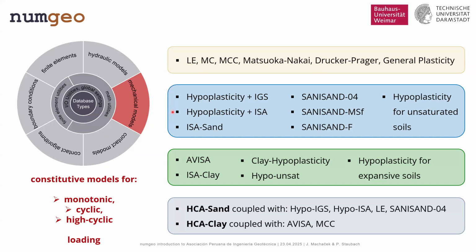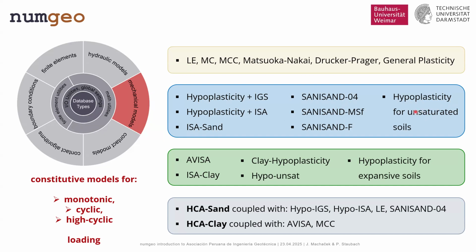You can see here now the blue box, which gives you an idea about different constitutive models that we have implemented for sandy soils. These are models of the hypoplastic family, so hypoplasticity with intergranular strain or with intergranular strain anisotropy, elastoplastic models like the ESA sand model or different model versions of the Sanisand model family, and also hypoplastic models for unsaturated sands and soils.